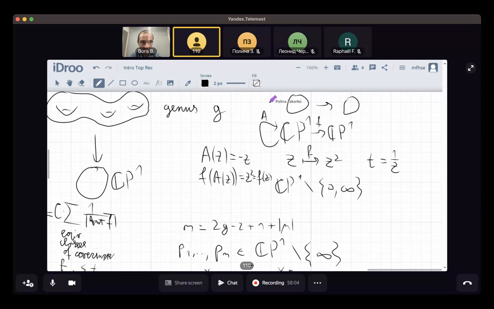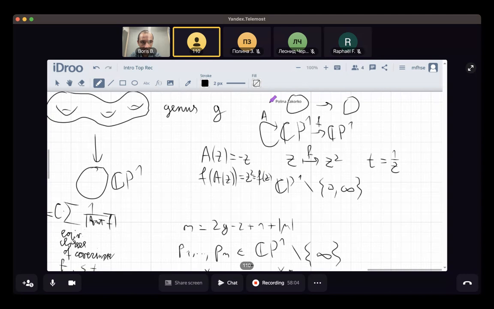We consider this set F inverse of P in our sigma. Sigma is the genus G surface. So we have this F from sigma to CP1, and here are the pre-images.